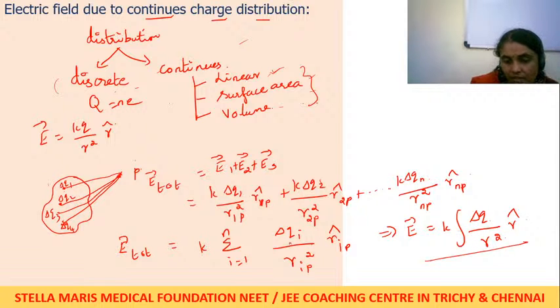When we take the small space, small charge, small in the sense we have to integrate that one. Did you understand? So I am going to find out the formula for these three terms: linear, surface area and volume.